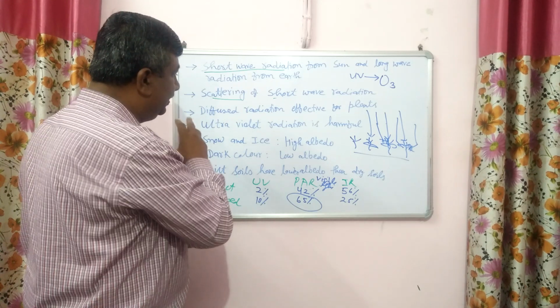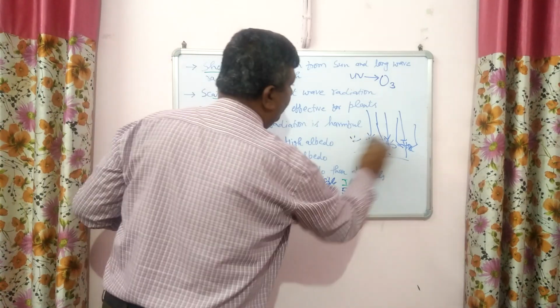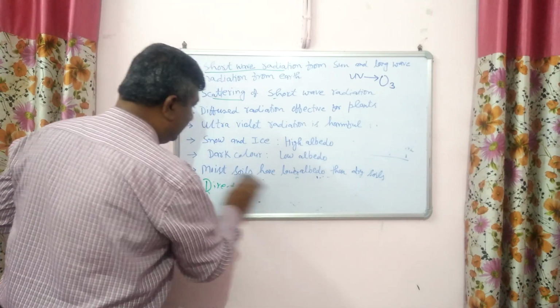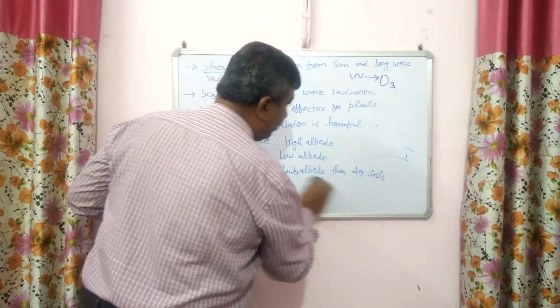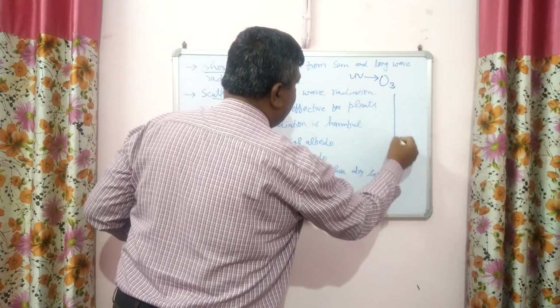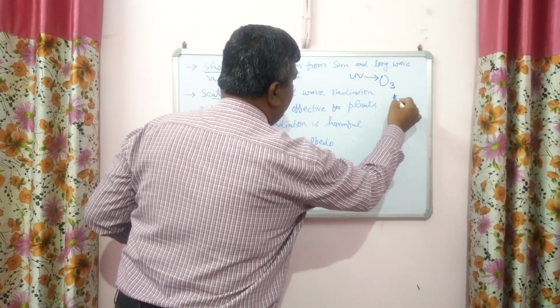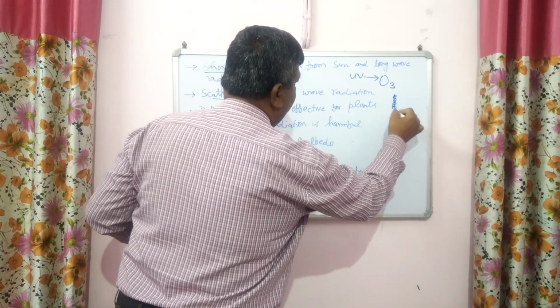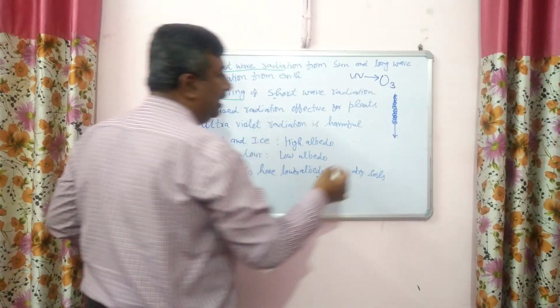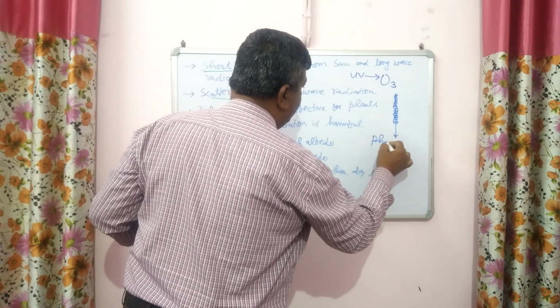So why is ultraviolet radiation harmful? The reason is that electromagnetic radiation, solar radiation, whatever radiation is there, actually consists of very small particles, and these particles are massless, and these particles are known as photons.